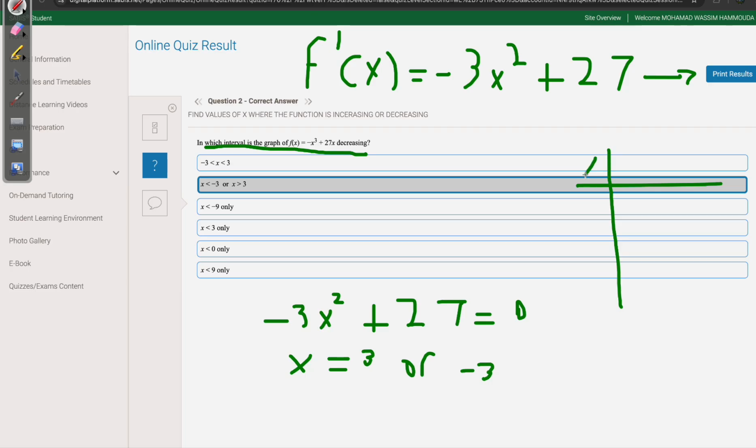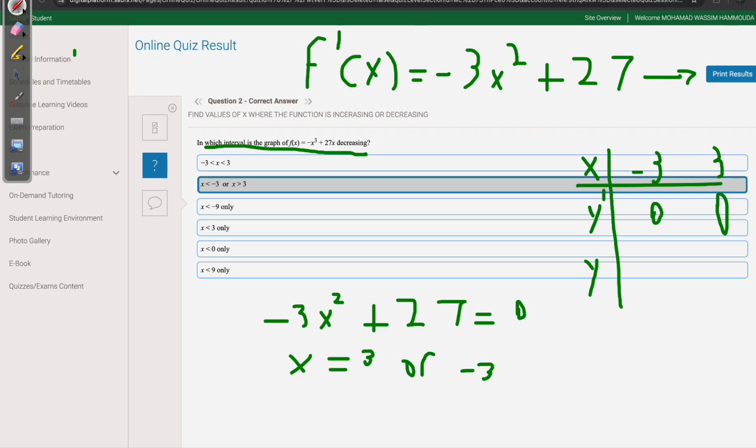Okay, x, y prime, y. We put what we got for what makes the derivative 0 with x in ascending order. So negative 3 here and 3 here, and then let's put 2 zeros under negative 3 and 3. Now we can use one of the techniques.